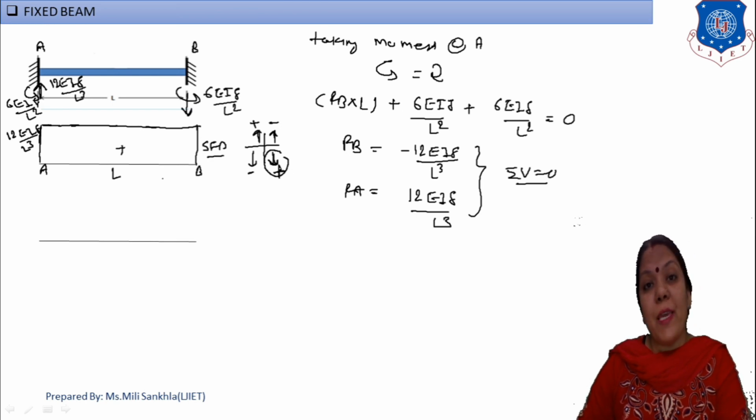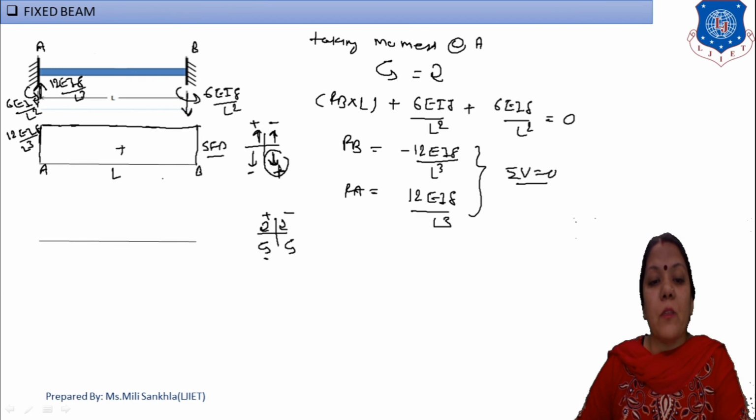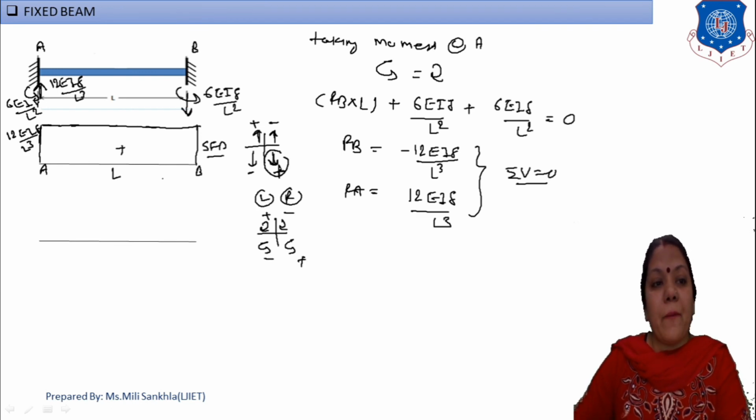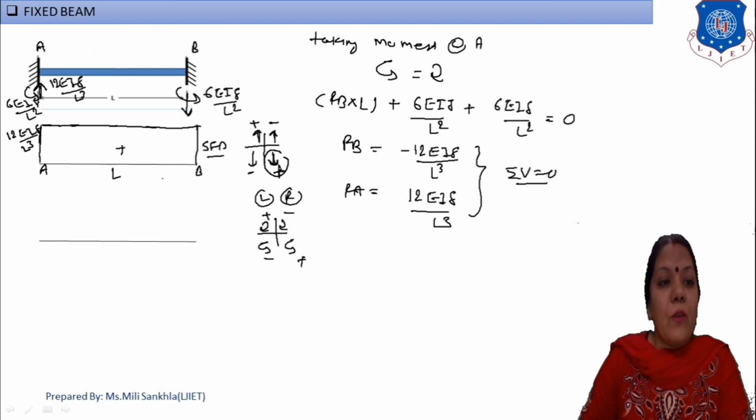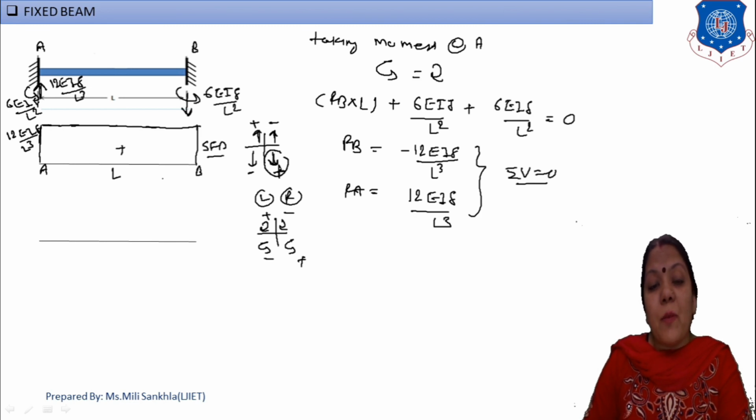Now we draw the BM diagram. Again mention here the sign convention: clockwise, clockwise, anti-clockwise, anti-clockwise; plus, minus, minus, plus. This is for the left hand side and this is for the right hand side. Now on the left side the moment is given anti-clockwise, that means negative according to this sign convention, and on the right hand side anti-clockwise, that means positive.